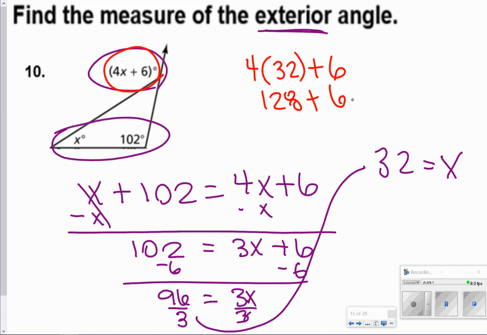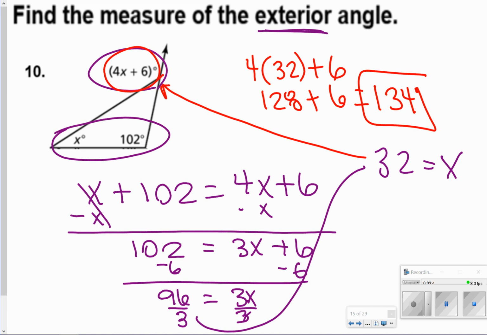So 128 plus 6 will give me 134 degrees. This is my final answer, 134. Okay, you want to make sure that you pay close attention. If it says find x, then you just say x is equal to 32. If you want the exterior angle, though, you have to plug in that x to the exterior angle.